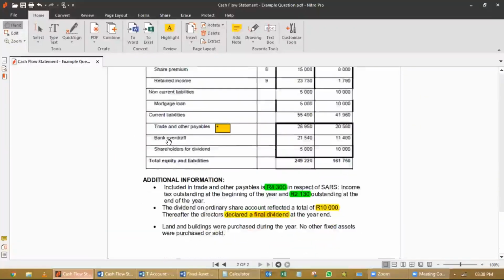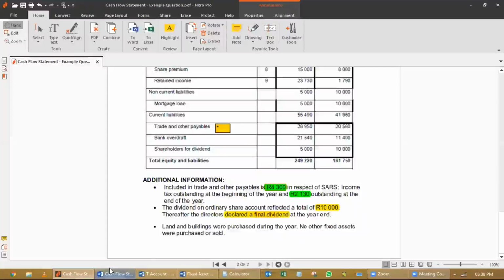So we know over here is my income tax. So we know at the beginning of the year, we paid SARS 4,300 Rand, okay, and 2,130 was outstanding at the end of the year.